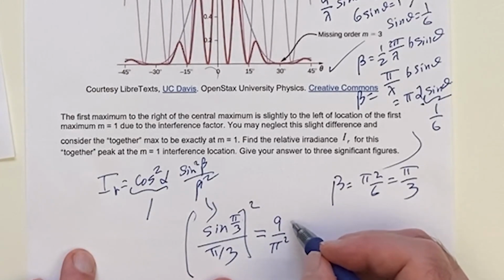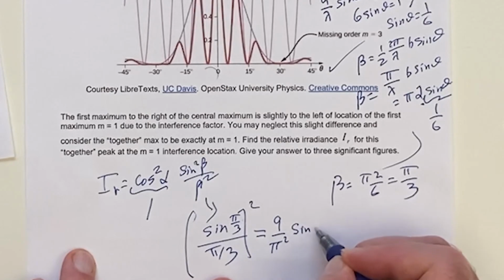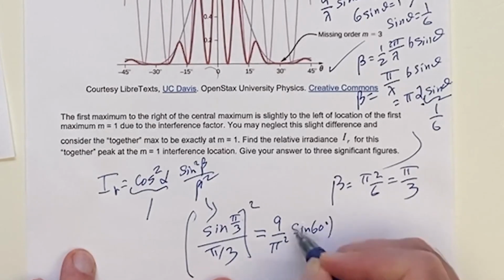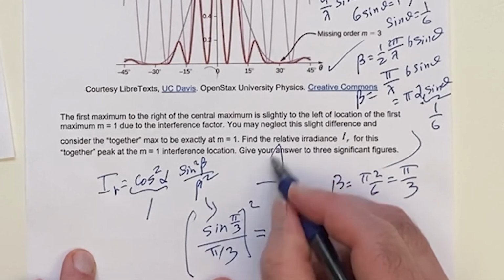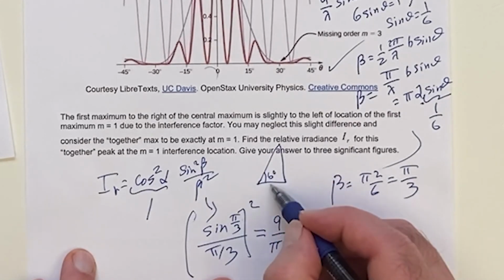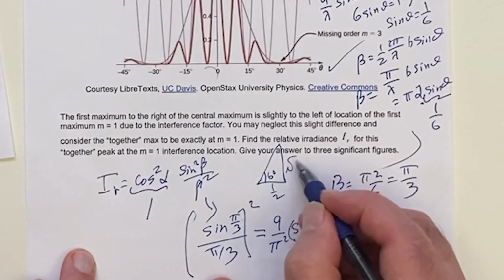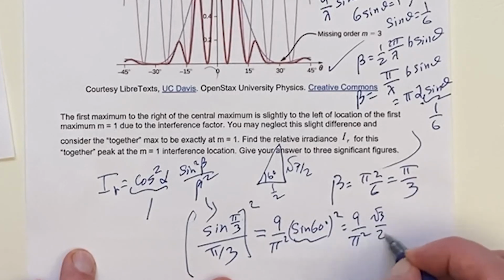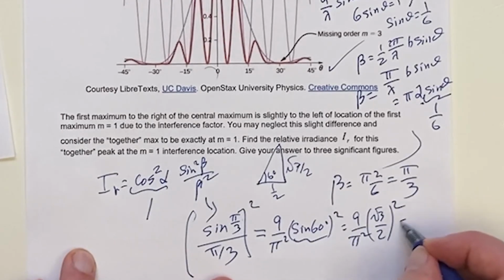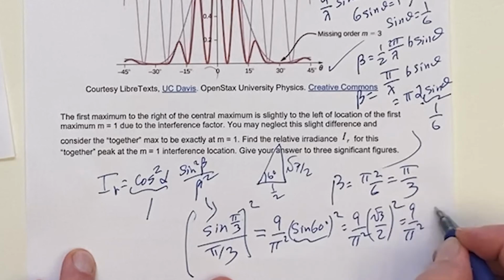And then I'll have here the sine of 60 degrees squared. And the sine of 60, if you recall, is the square root of 3 over 2. So that would be 9 over pi squared, times the square root of 3 over 2 squared. So that's 9 over pi squared, and this is 3 over 4.